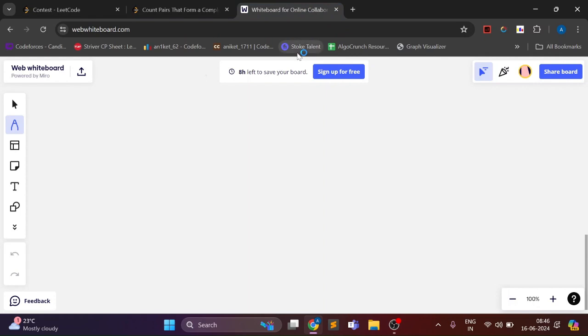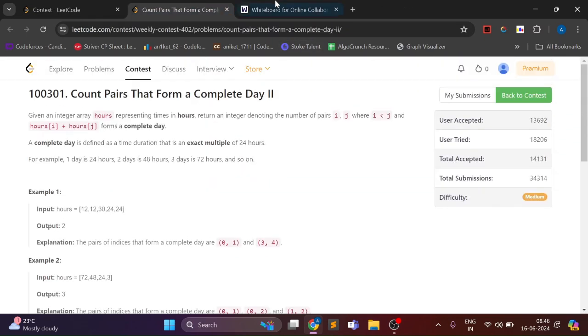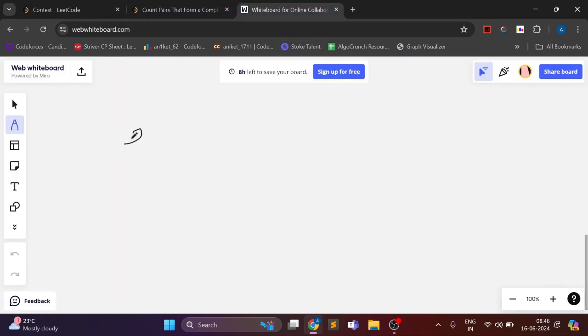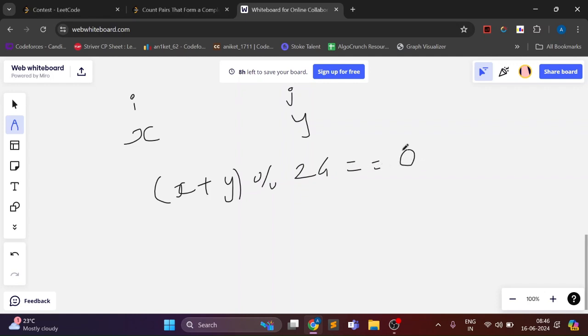So let's say there is an x and there is a y. x is the value present at the ith position and y is the value present at the jth position. Now if a day can be formed using these two values, that means x plus y mod 24 would be equal to 0.